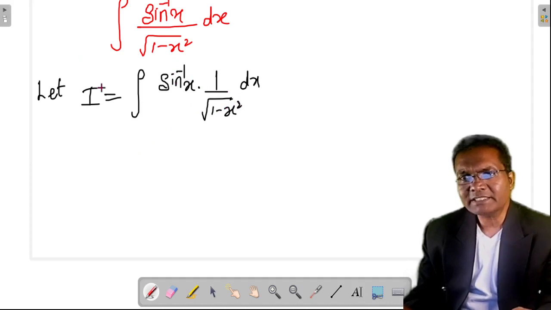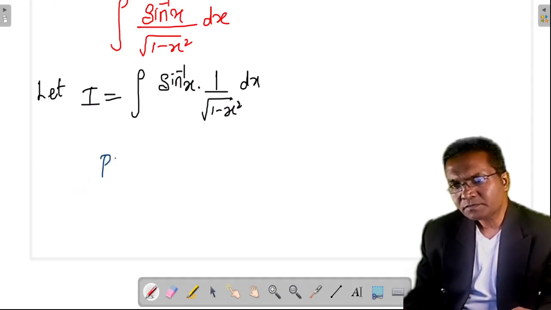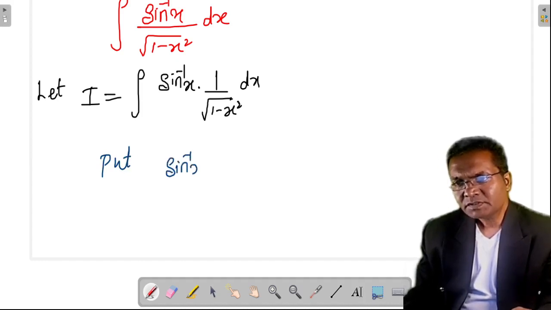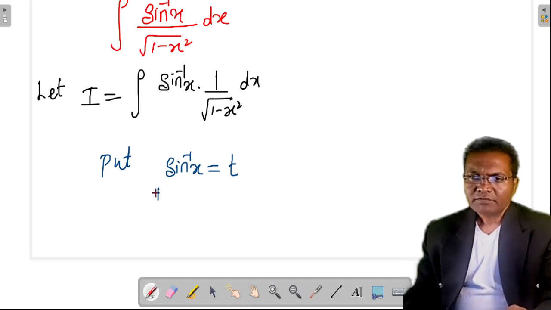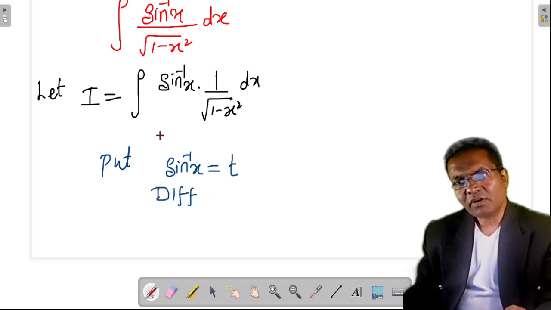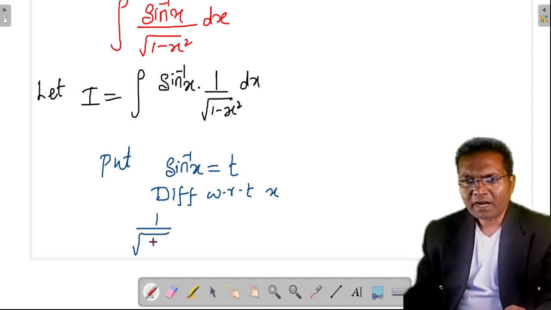So you cleanly substitute, or put sin inverse x is equal to t. You can take any other variable, so I have taken t. From this you obtain the value of dx. Differentiate with respect to x. The derivative of sin inverse x is 1 by under root 1 minus x square.